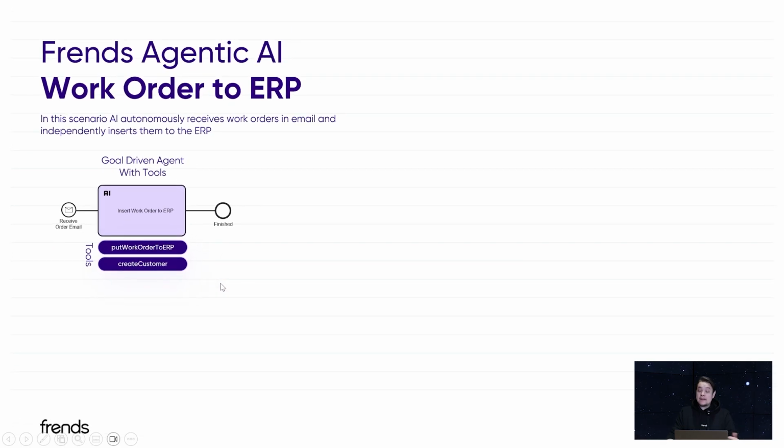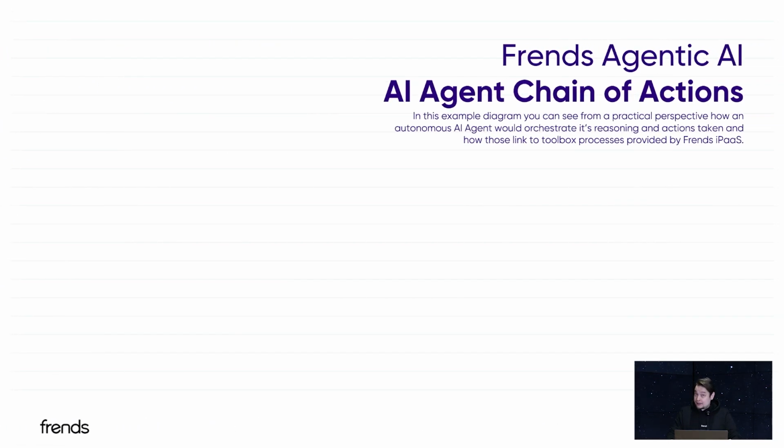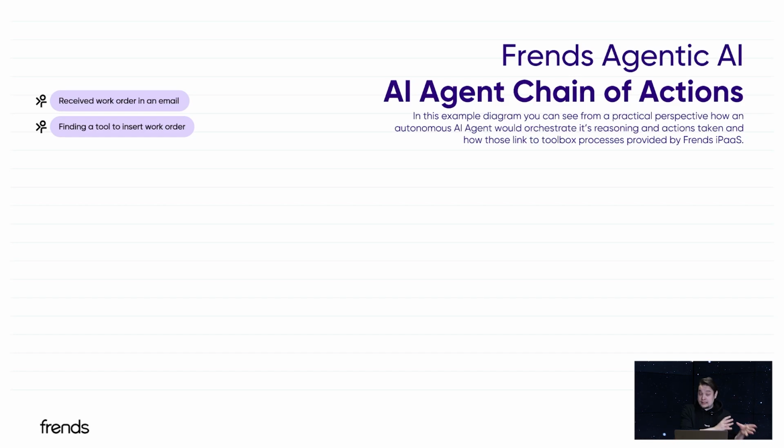And now what the AI is basically thinking and reasoning might be something like this, where first, of course, the AI detects that, hey, okay, my goal is to now take the work order and put it into the ERP. I have received that work order in an email format. So that means that now I need to take the information from the email and insert that to the ERP system, but I need a tool to actually insert that work order.